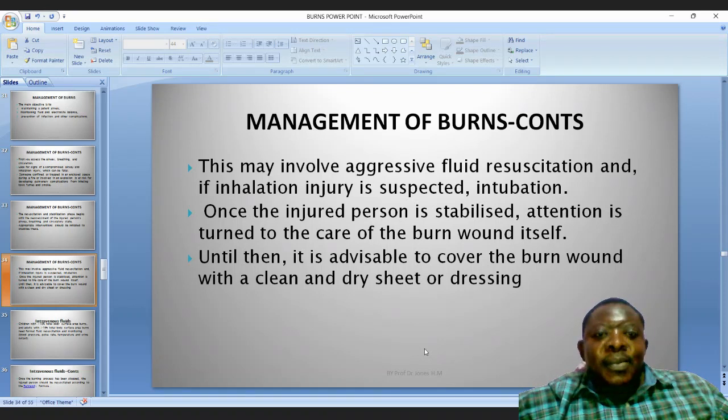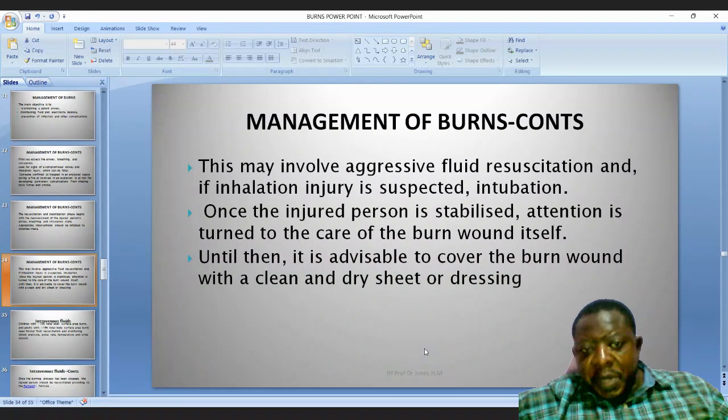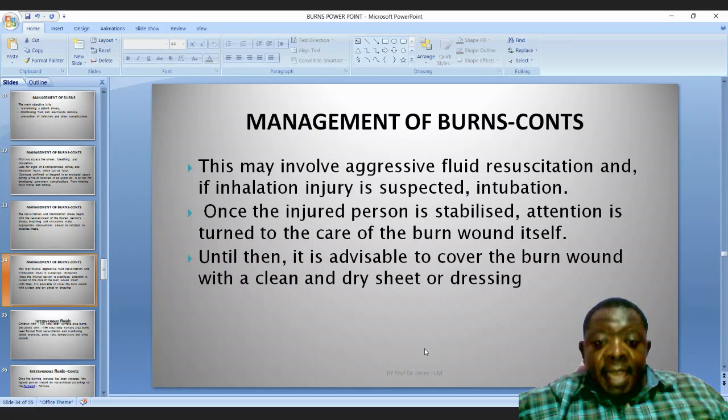Once the injured person has been stabilized, then the attention can be turned to the care of the burn wound itself. Until then, it's advisable to cover the burn wound with a clean and dry dressing. There is this part which is also very important that I feel should be emphasized: intravenous fluid resuscitation of patients with burns.